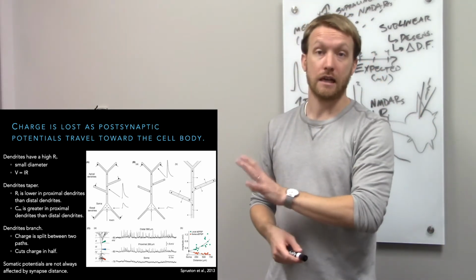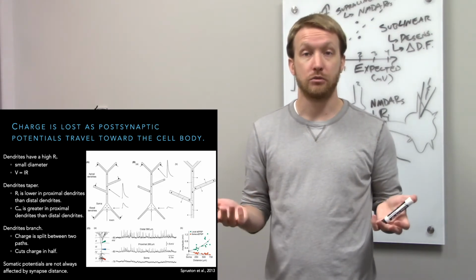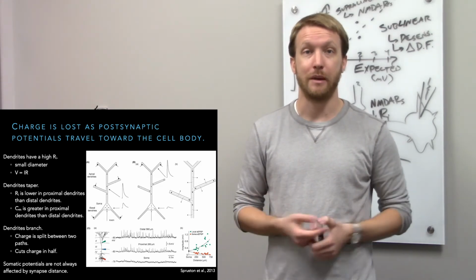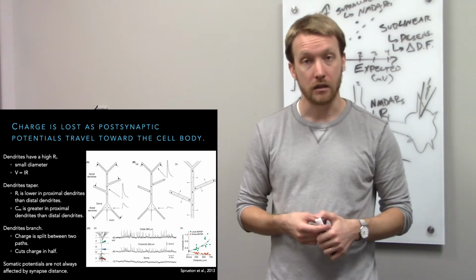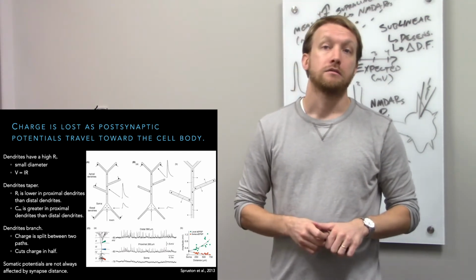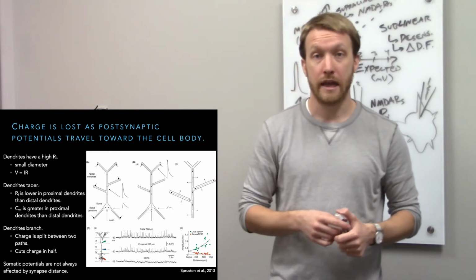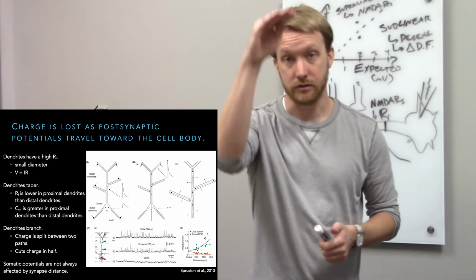you're going to see exactly what this is showing you right over here in panel C. Even though you have measurable changes in potential in the distal dendrites, basically nothing is going on in the cell body. And when you look at that plot on the bottom right, as you move away from the cell body, so as you move further on the right in the x-axis, notice the red dots, they're decreasing.